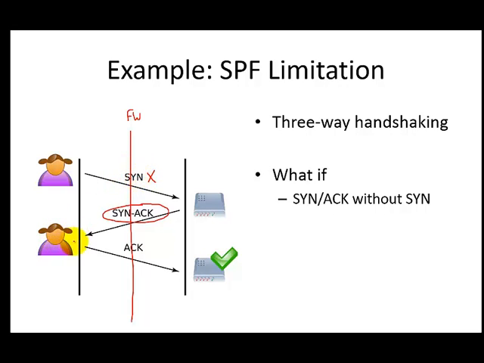So instead of saying ACK, because it knows it didn't send the SYN packet originally, it will simply say a reset RST packet.